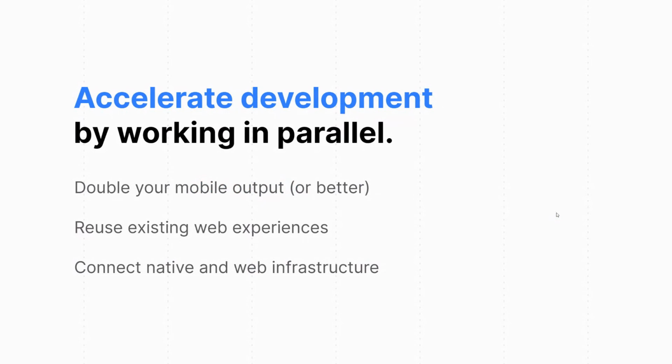So ultimately, you can double your mobile output or better in terms of the velocity and moving quickly and shipping features to your end users, which is a huge win for all mobile teams and really any development team in all companies today, regardless of what your use cases are, of the apps you're building, the audiences you're serving. It's always a good thing to be able to go faster.